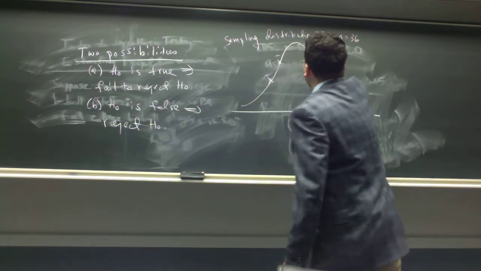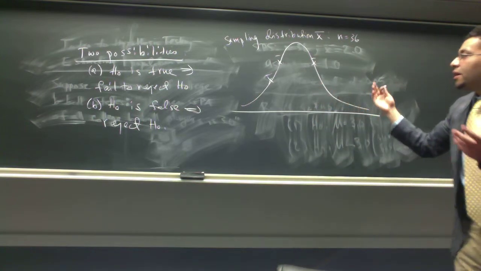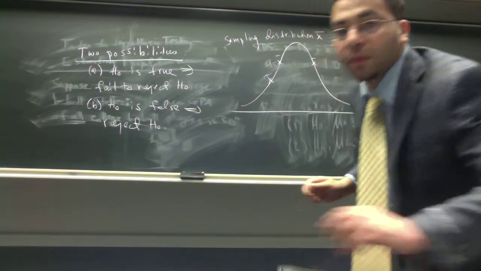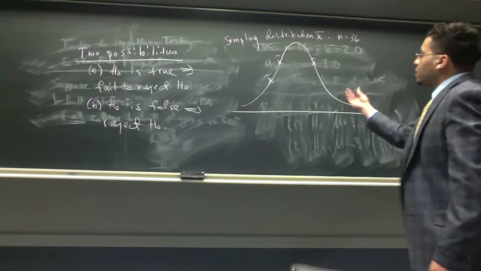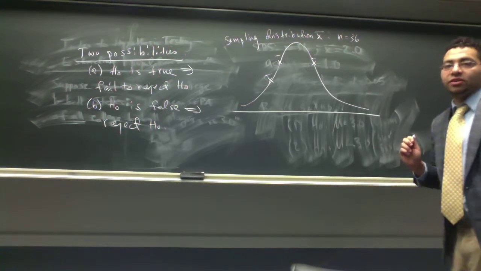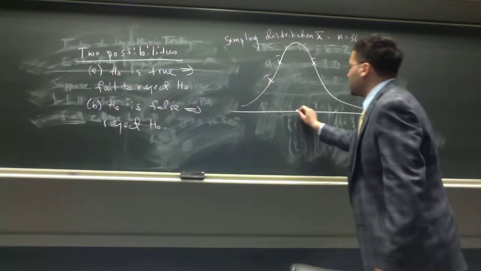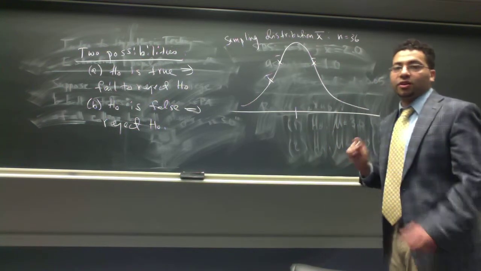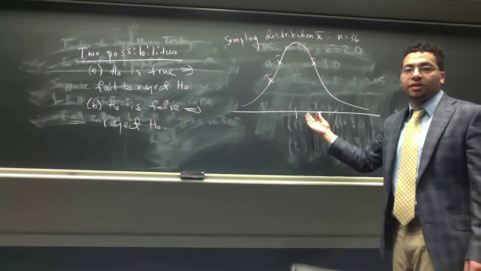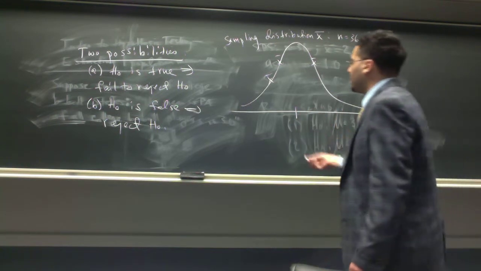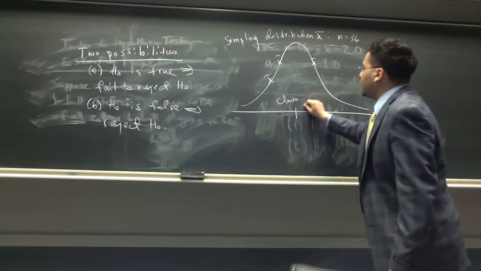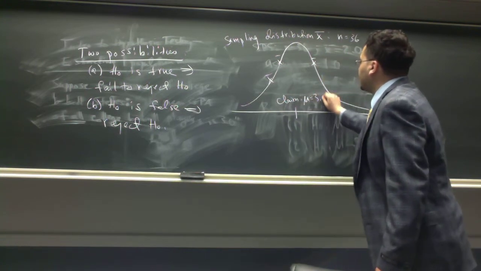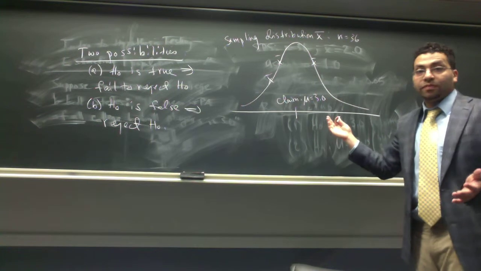So we're plotting a distribution of sample means. And these are for samples of size 36. The first thing that we do is we plot the claim at the center. We always put the claim at the center of our sampling distribution. The claim is that the mean GPA is 3.0.